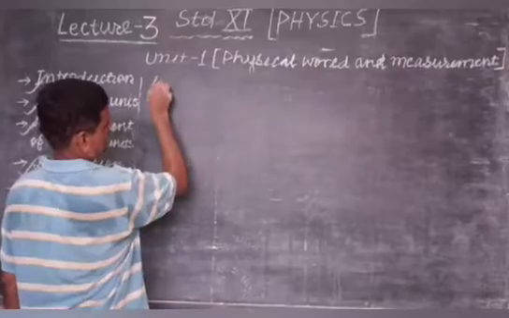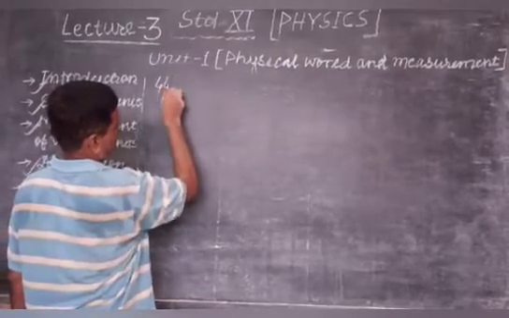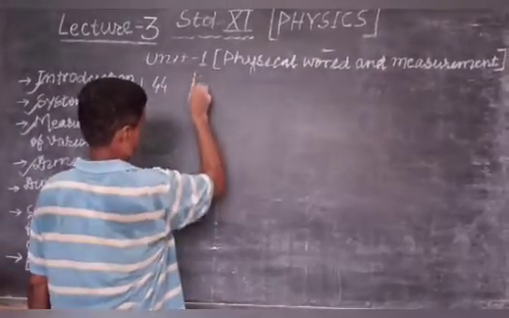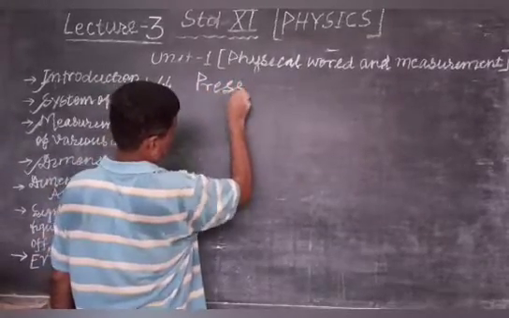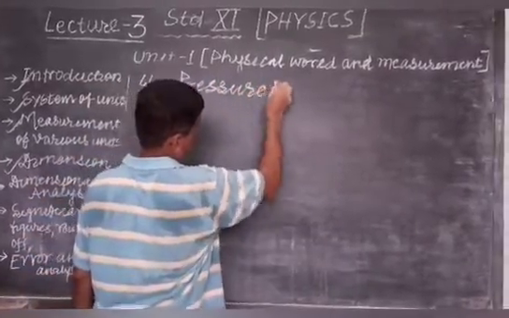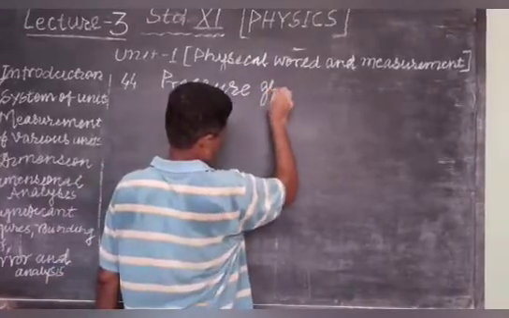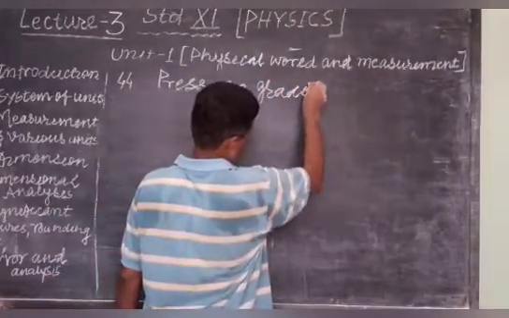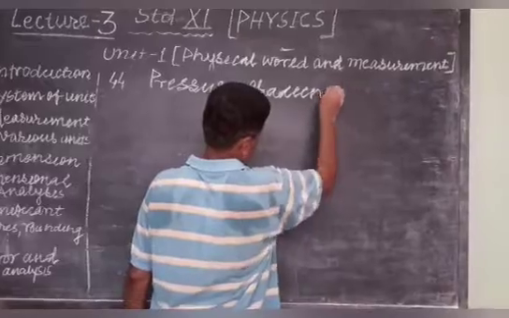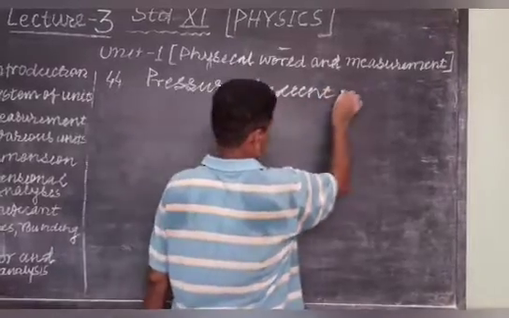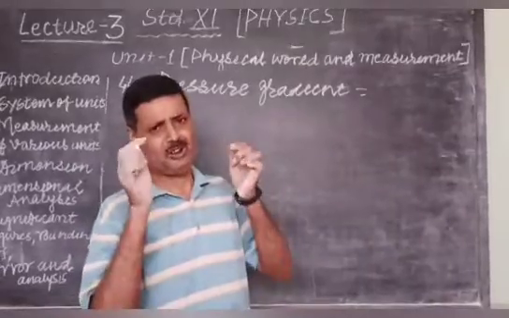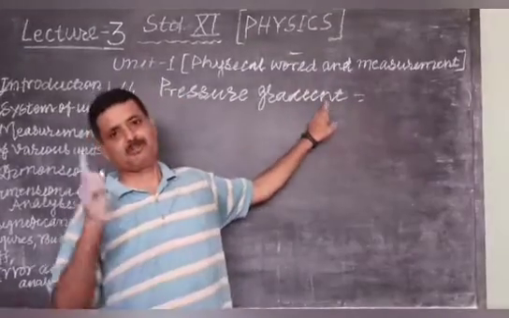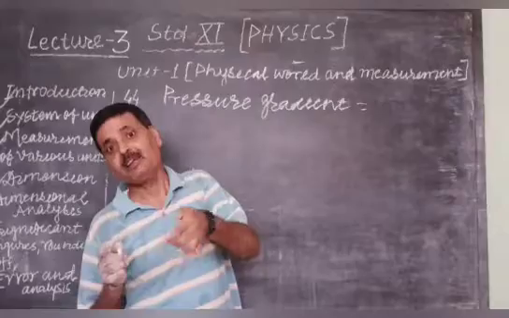Serial number 44. The next term is pressure gradient. Previously we have studied velocity gradient, velocity by length.